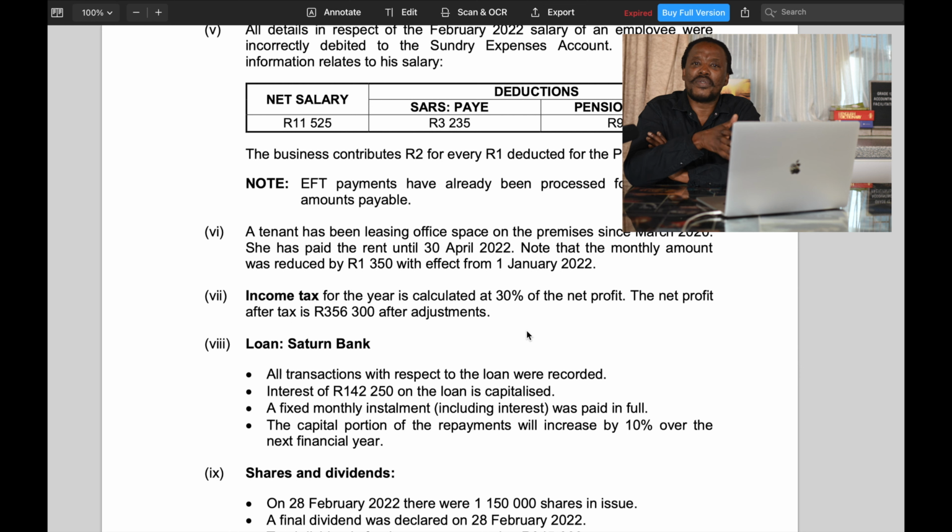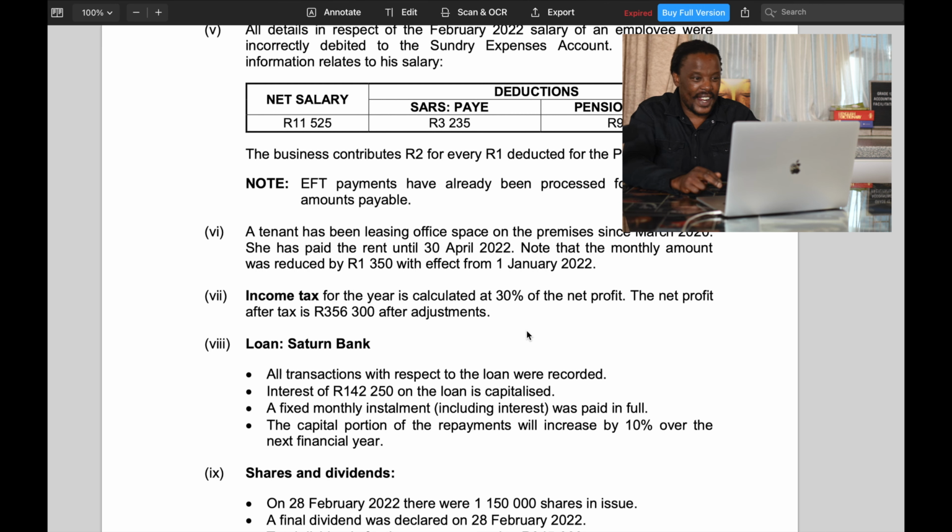You are given the net profit after tax. Usually you calculate the profit after tax. When they require you to calculate statement of comprehensive income, it's about the net profit after tax at the end of the day. In this instance, you are given that profit after tax. Therefore, they are asking you to work backward. Can you work backward? If you have the profit after tax, there is one missing figure there, which we don't know what it is. We will find out.